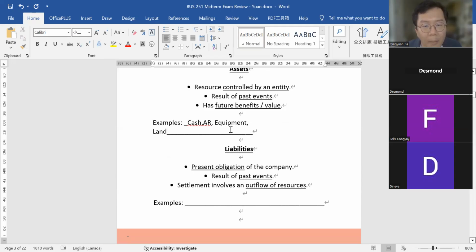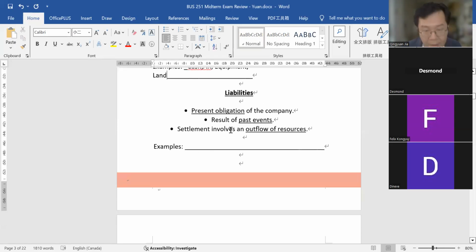Next is liabilities. The definition of liability is that it represents the obligations of the company and is the result of past events. It means some settlement is involved and an outflow of resources.